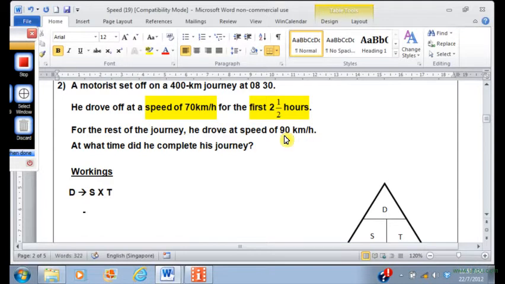That will be, the speed is 70 kilometers per hour times, we have 2.5 hours. So 2.5 hours, so I'm going to copy this. You all have to write down.